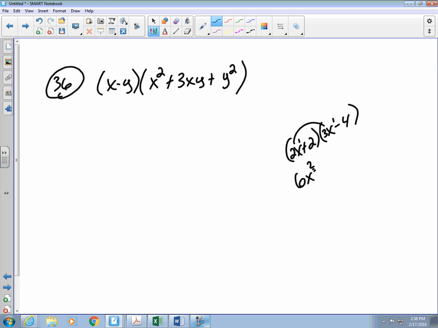And when I did my outside, right, I get negative 8x, positive 6x, and negative 8 for my last. Okay, but then these, notice the difference here, we actually combined because there were like terms. The exponents were the exact same, so I just combined the coefficient in front to make that negative 2x.